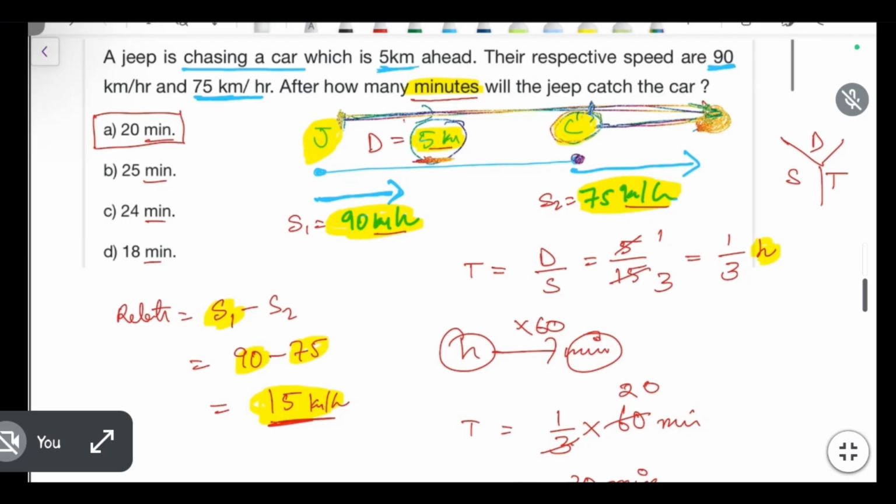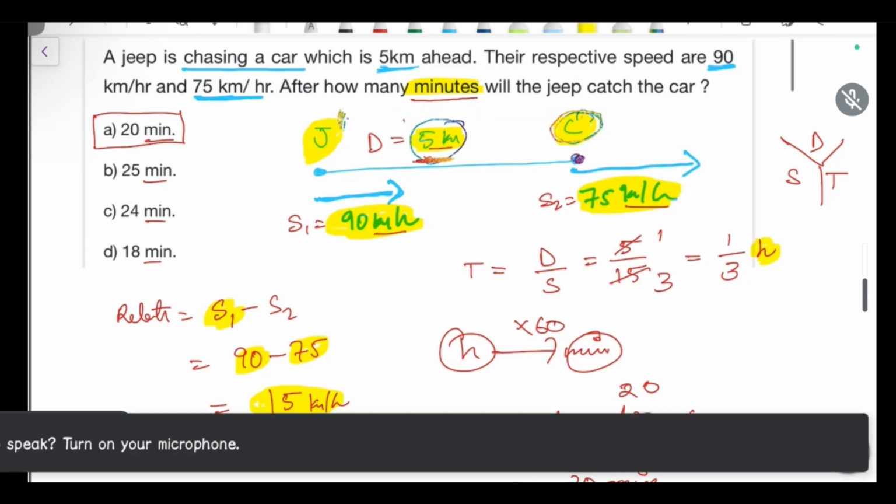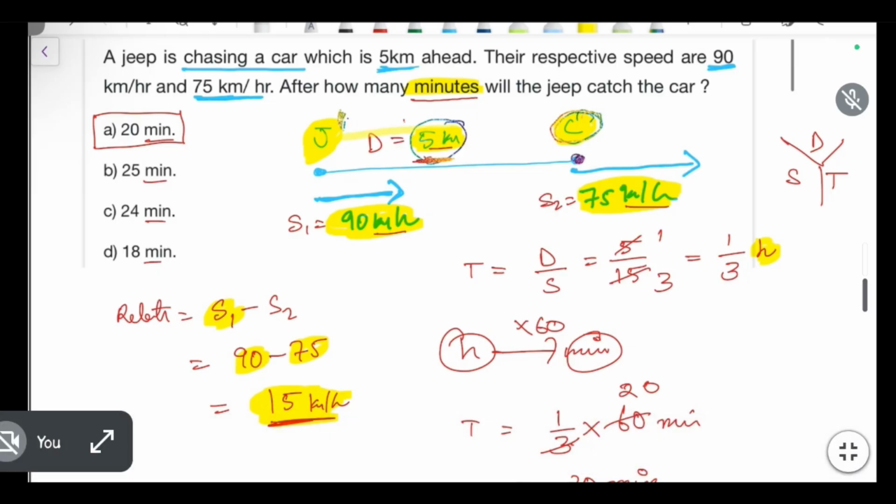their relative speed here. So relative speed here is how much? Relative speed here we got as 15, right? So the distance between the chip and the car will be traveled by the relative speed. That's the reason why we are using the speed as 15. And the distance is how much? 5.